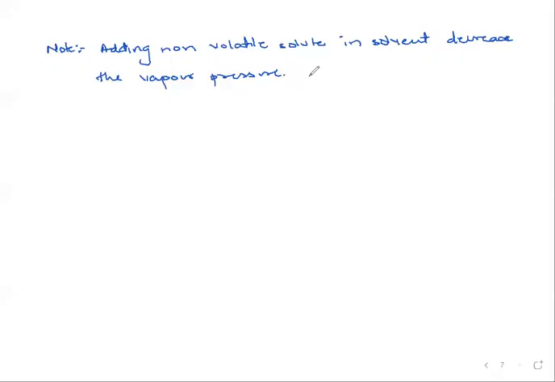That means we can say that P naught is greater than P. Yes or no? As we say, after adding solute, vapor pressure decreases. What does P naught mean? Vapor pressure of pure solvent, and P stands for vapor pressure of solution.